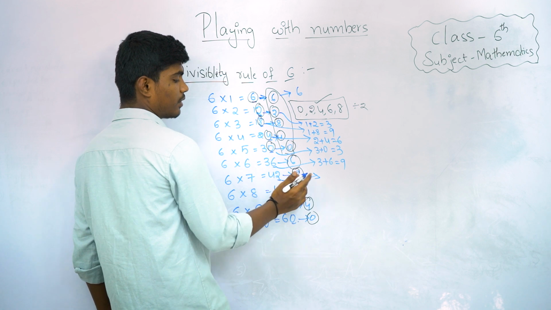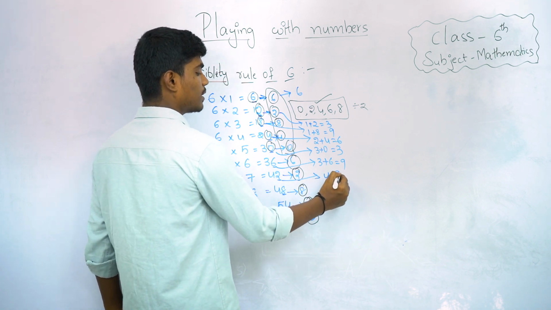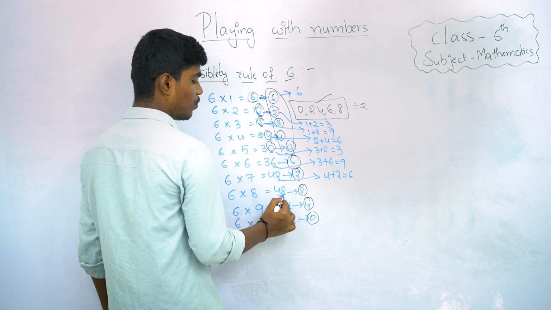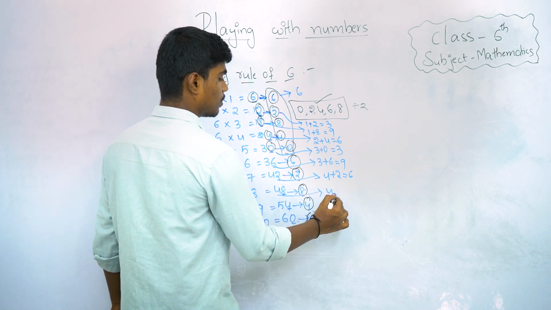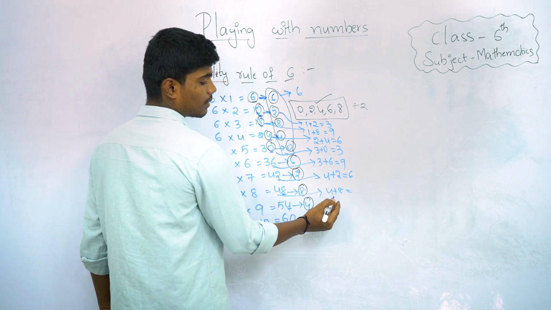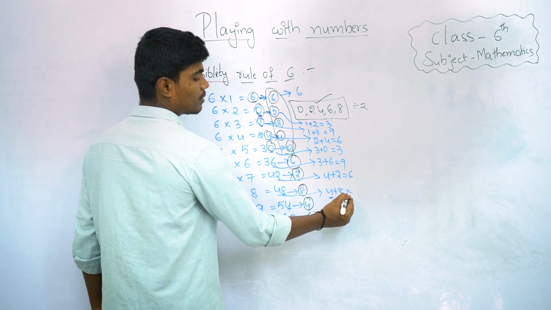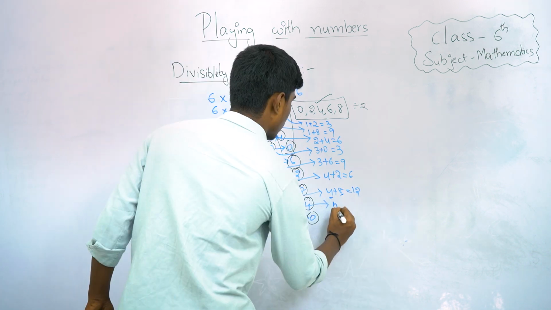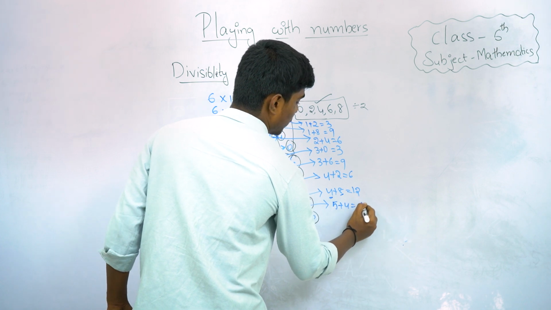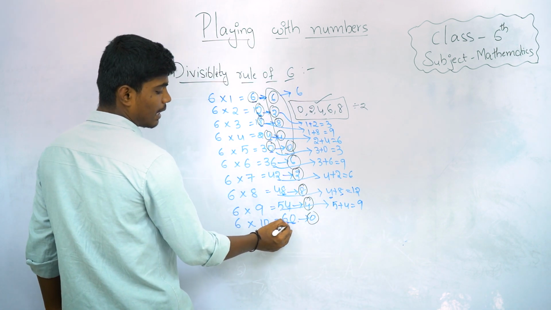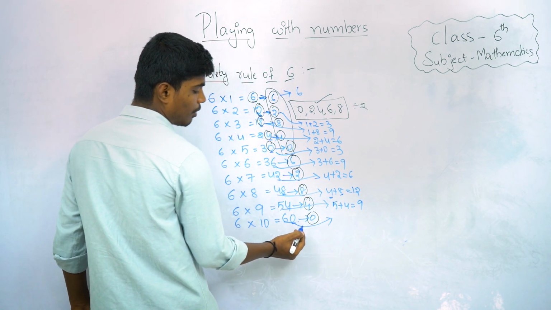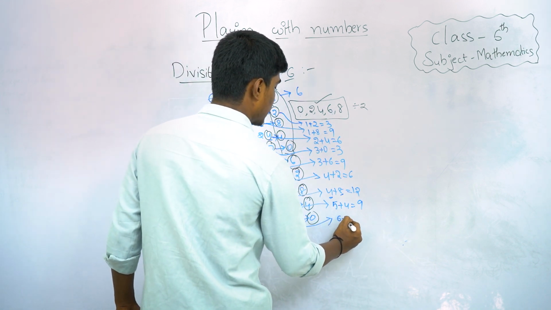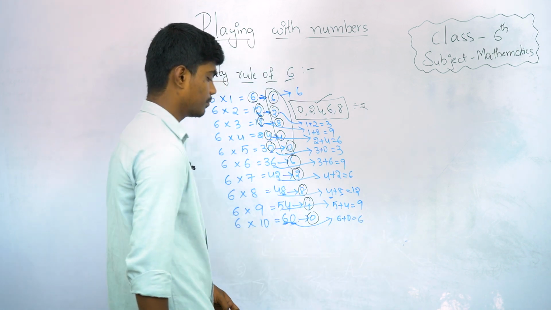Here the number is 42, so 4 plus 2 is 6. Next, 4 plus 8 is 12. Next, 5 plus 4 is 9. Here we have 60. One digit is 6 and one digit is 0. 6 plus 0 is equal to 6.